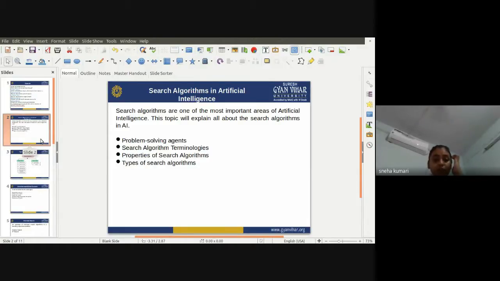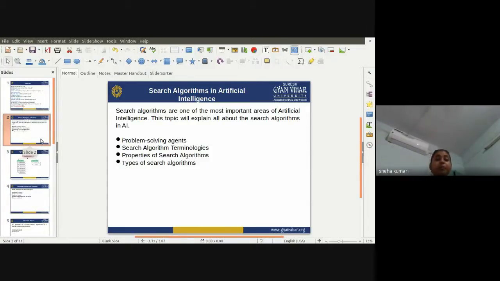Now transition model, a description of what each action does, means you have multiple actions available. In transition model, for all actions it is defined what the description of that action is. That is known as transition model.